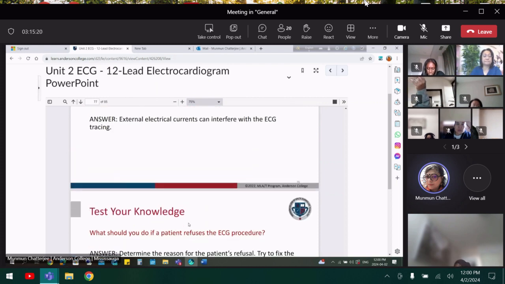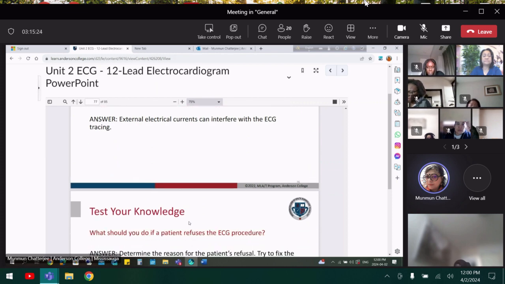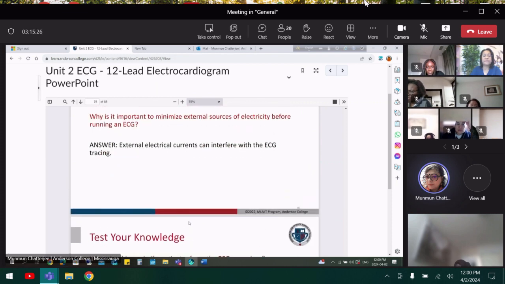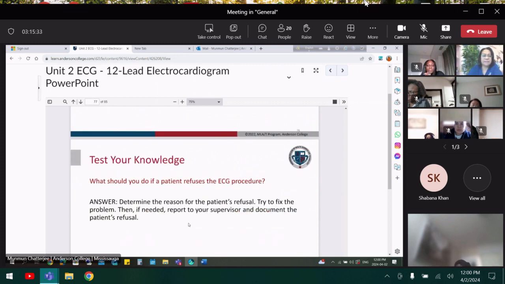Okay, what should you do if the patient refuses the ECG procedure? Document. We tell our supervisor. First, you have to ask the patient the reason for refusal.